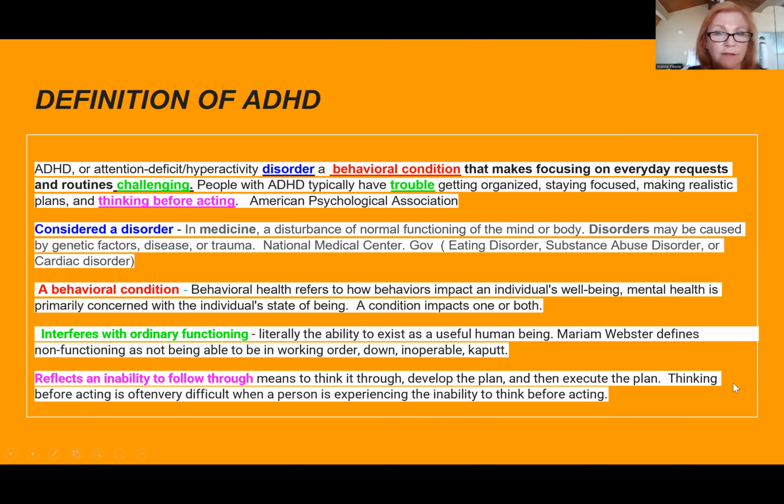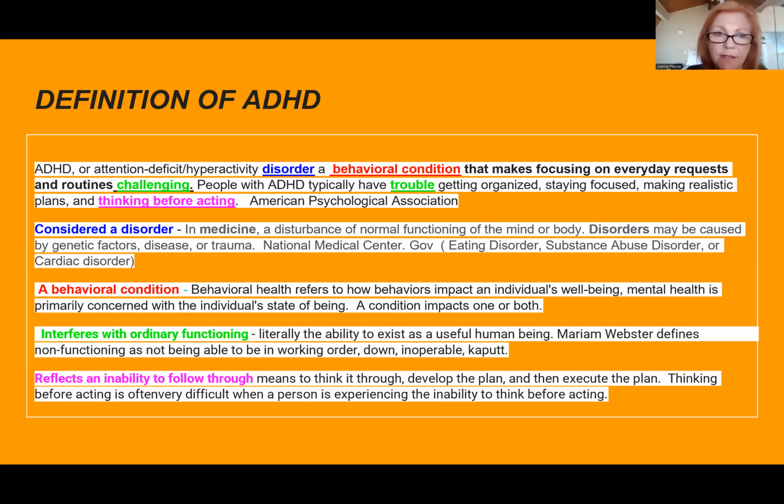Go ahead. All right, so for a definition, what you have to understand is that when you make a medical or psychological definition, almost every single word in that definition has an additional meaning. So for instance, the American Psychological Association defined ADHD, attention deficit hyperactive disorder. Now, disorder means something.